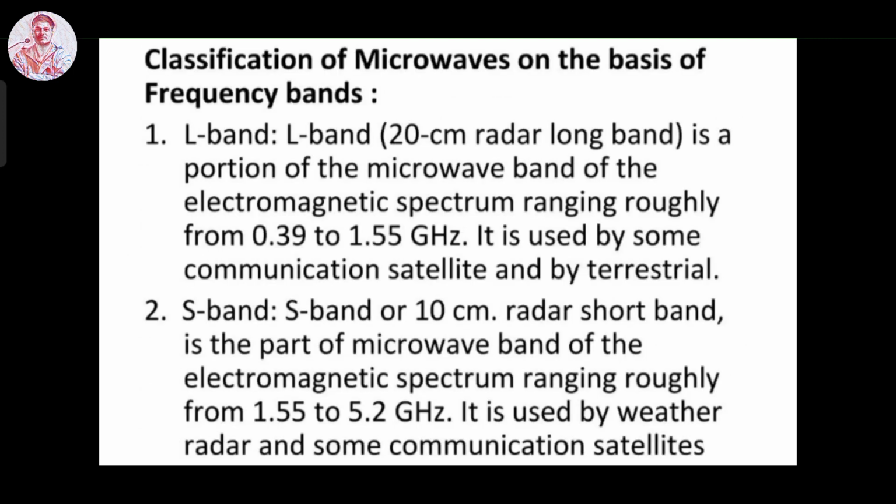Now we will see the classification of microwaves on the basis of frequency bands. First is the L band. It is a 20 cm radar long band ranging from 0.3 to 1.5 GHz in the microwave spectrum. Second is the S band, which is a 10 cm band ranging from 1.5 to 5.2 GHz, used for weather satellites and some other communication satellites.